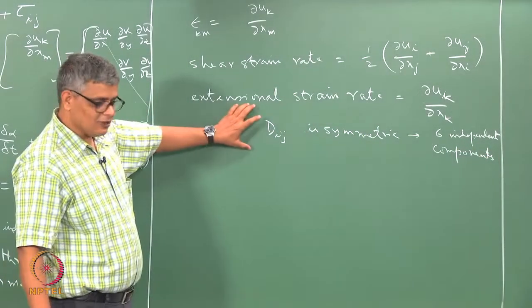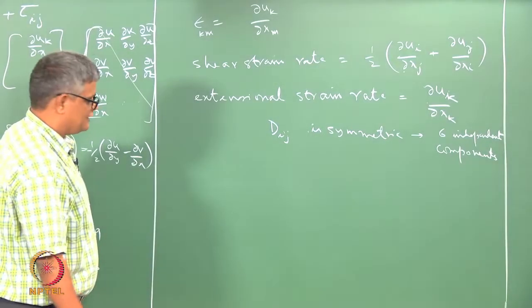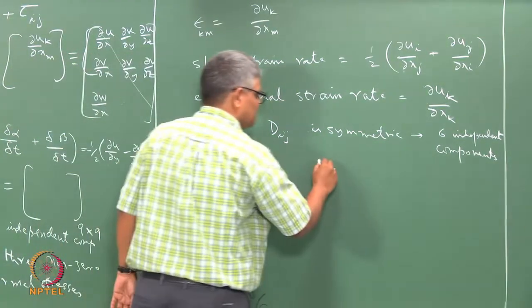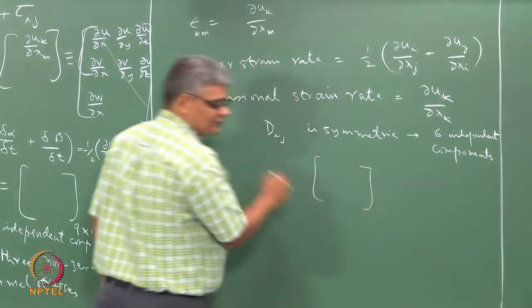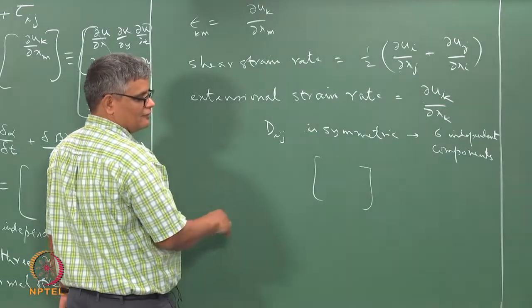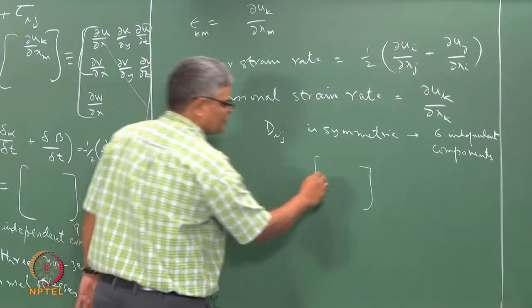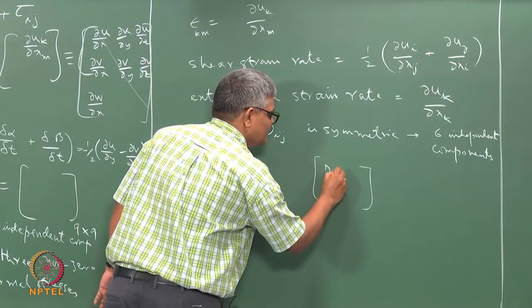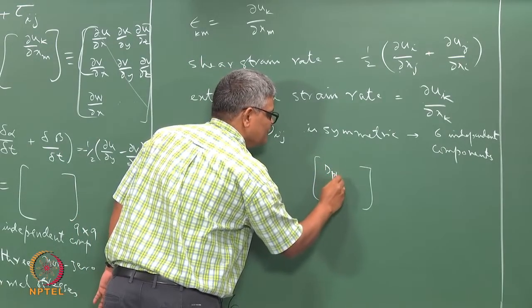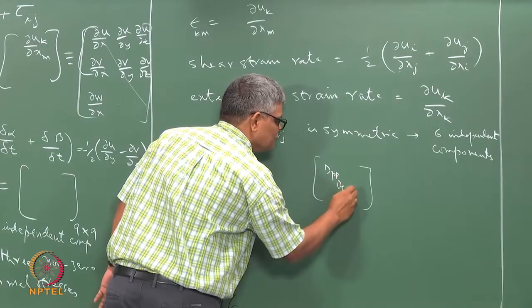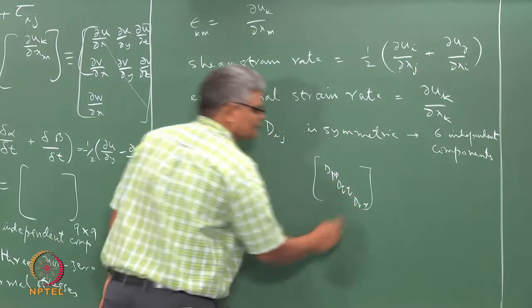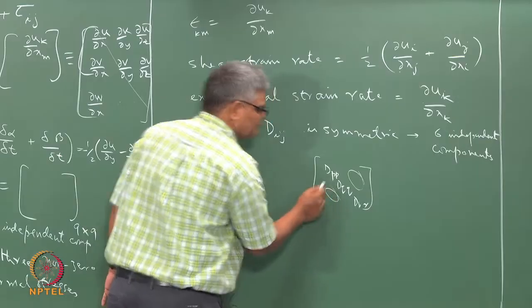Now this also can be decomposed into the principal components. This can also be rotated, so that we have only dpp, dqq and drr. All the others are 0 here.